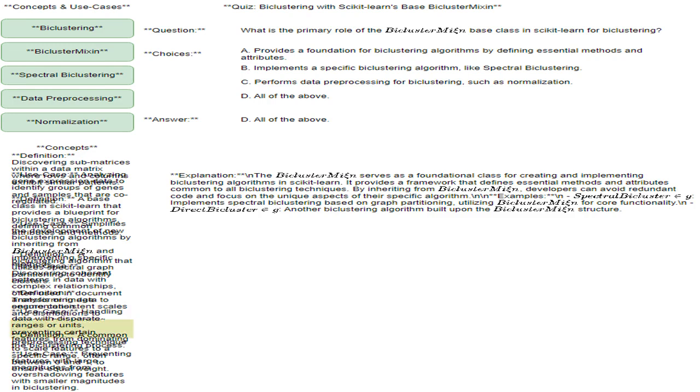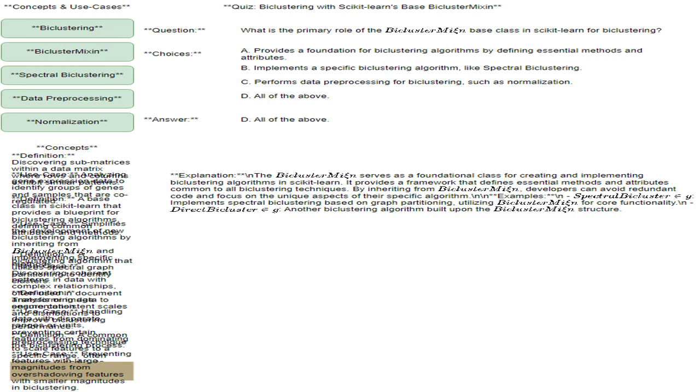Handling data with disparate ranges or units, preventing certain features from dominating the biclustering process. A common preprocessing technique to scale features to a specific range, often between 0 and 1, to ensure equal weight. Preventing features with large magnitudes from overshadowing features with smaller magnitudes in biclustering.